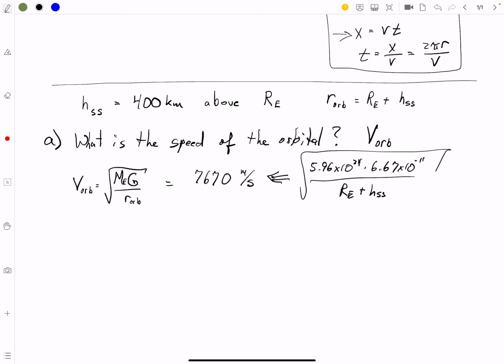Okay, B, what is the period? What is the period T? So we can quickly just come over and say T is equal to 2 pi r over v orbital.